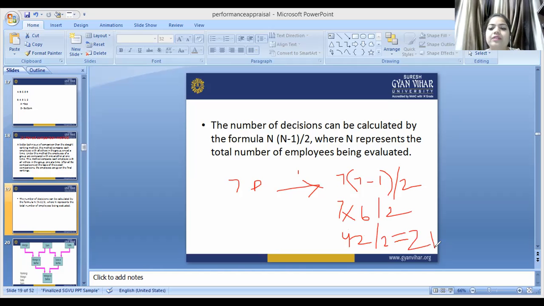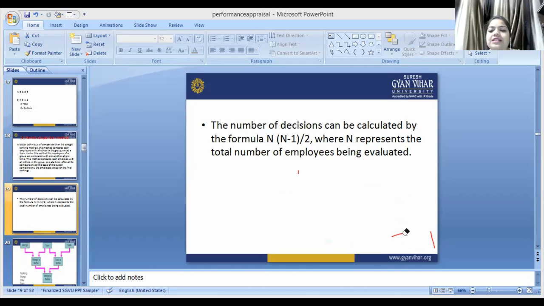So we compared the 7 people with each other 21 times basically. This formula gives the total number of comparisons among the employees being evaluated in this method. So this is also a better ranking method, we can say, than the straight ranking method.